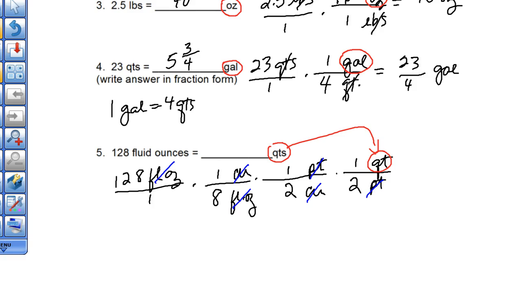I can do some cross-canceling here, but it might be quicker to just multiply all the top numbers together. 128 times 1 times 1 times 1 is 128. My bottom is 1 times 8 times 2 times 2. 2 times 8 is 16. 16 times 2 is 32. And I can take 128 divided by 32 and I get 4. So 128 fluid ounces is 4 quarts.